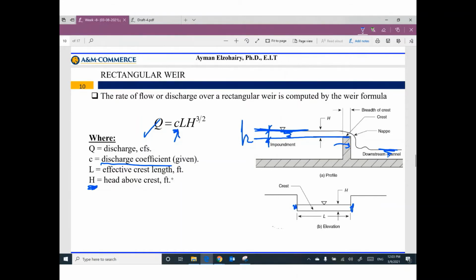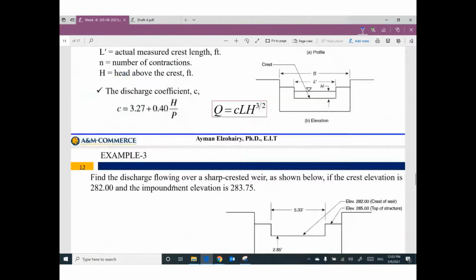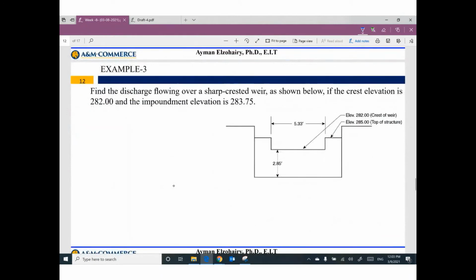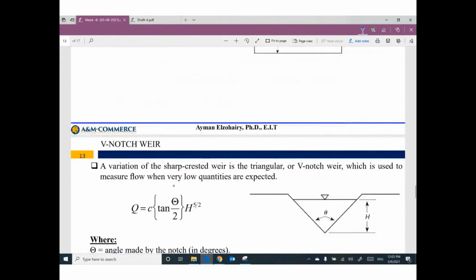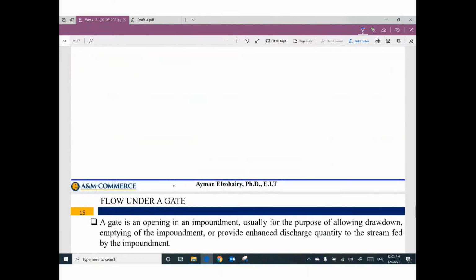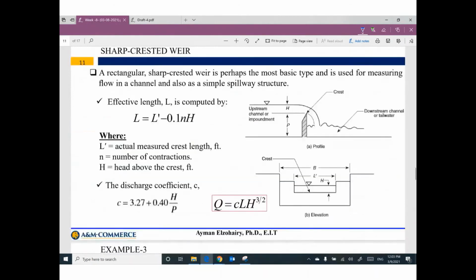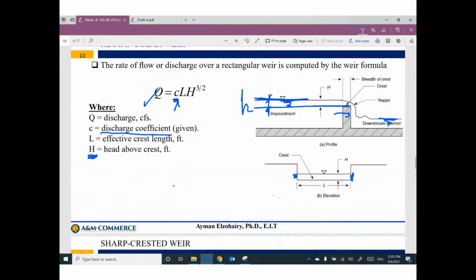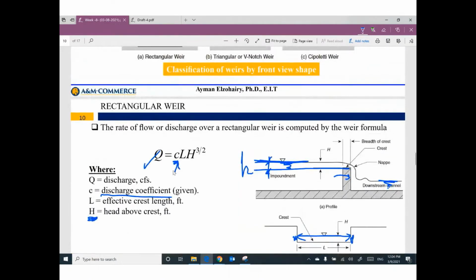Let's do an example. Anyway, it will be very direct to the problem. What is the width of this weir? What is the H? But remember, we are talking right now about rectangular weir.